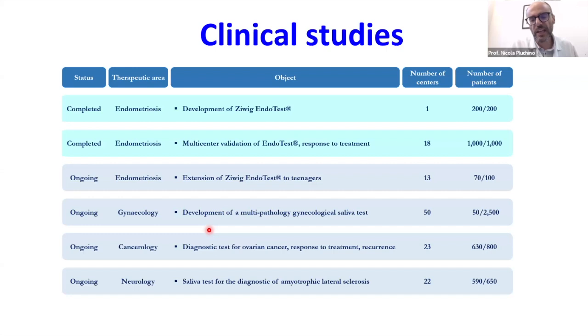There are ongoing investigations on teenagers in order to optimize the diagnosis of endometriosis even earlier, at the beginning of symptoms, in order to reverse the negative pathway of a delayed diagnosis, as I said before. They are now also testing other pathologies that can be associated with endometriosis.